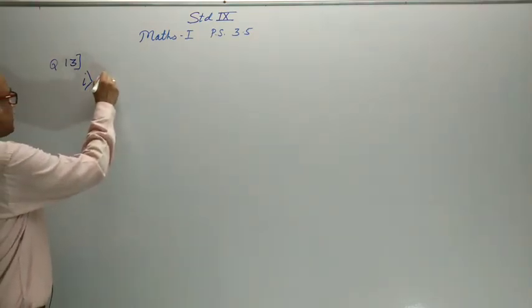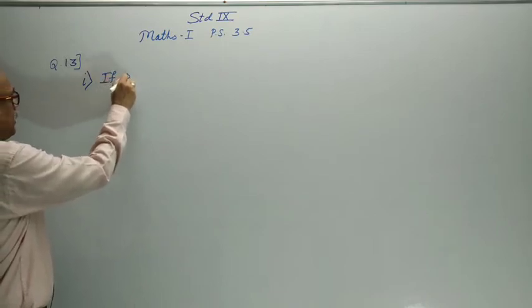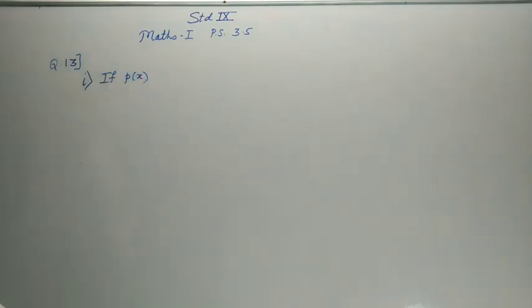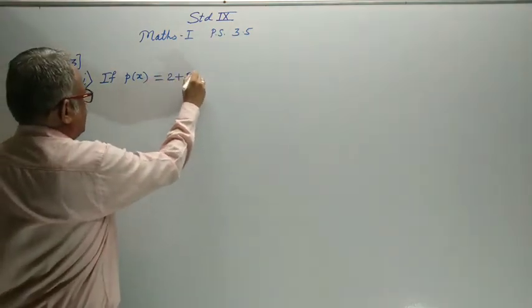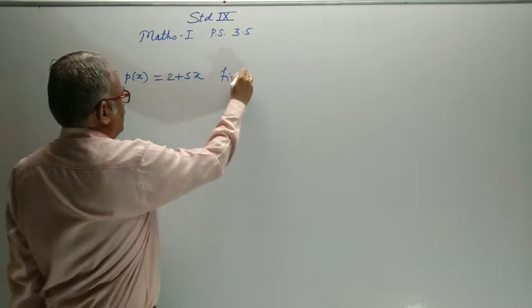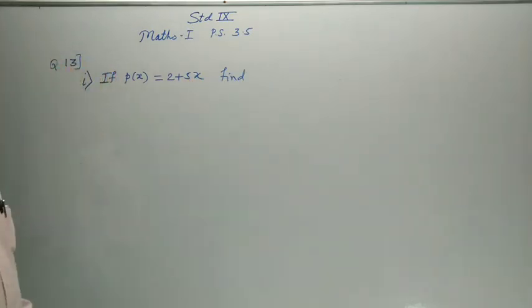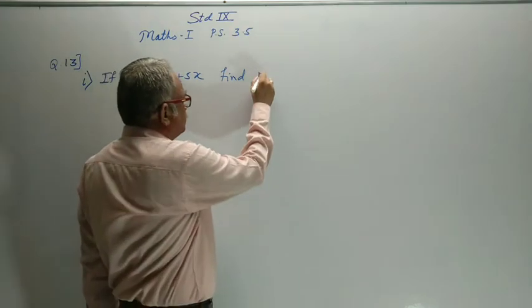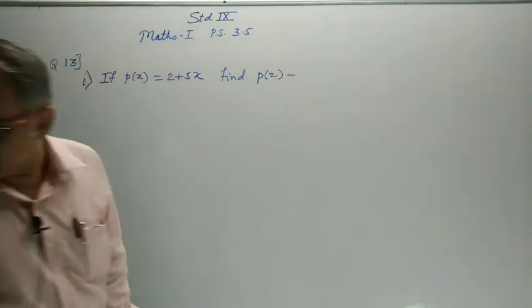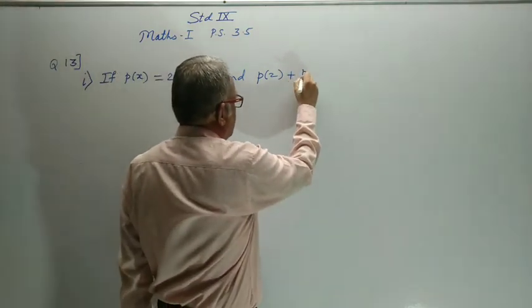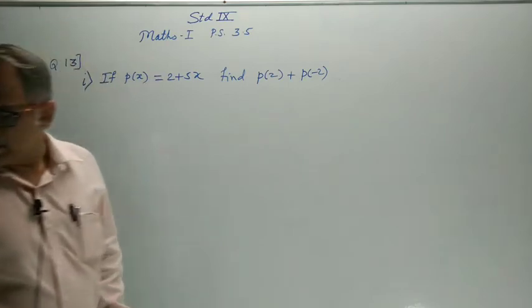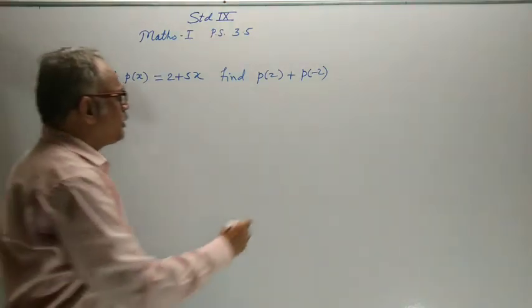So what is the first question? If P of x is 2 plus 5x, find P of 2 plus P of minus 2 minus P of 1.